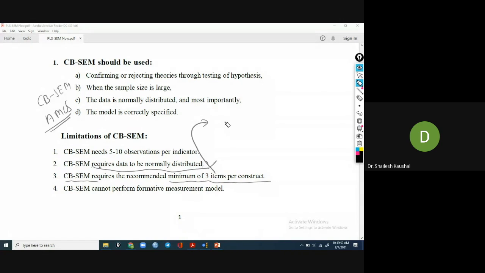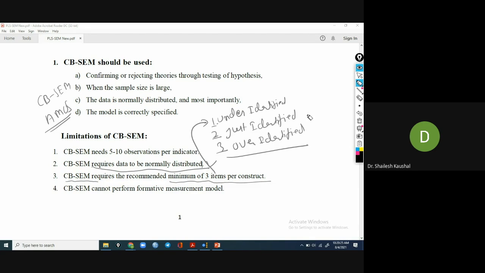One is the under-identified model, second is the just-identified model, and third is the over-identified model.